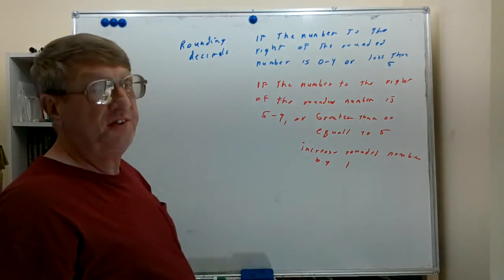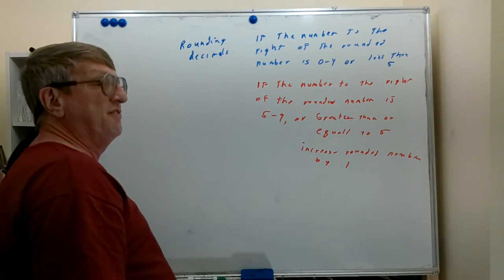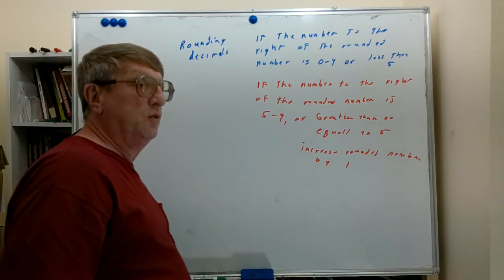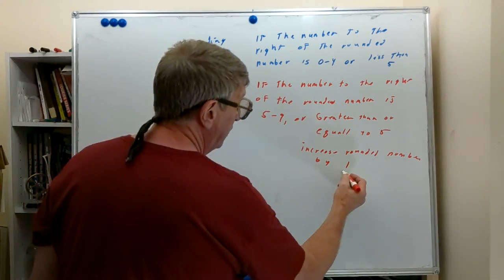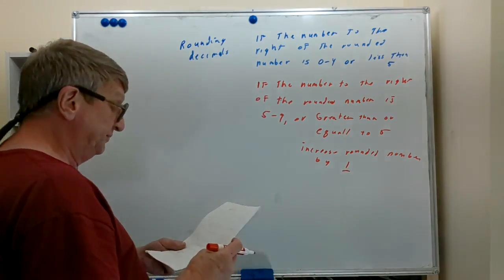Or you might have heard it said, if that number to the right of the number you're rounding is 5 or greater, we round up. Well, that's increased by 1. That's rounding up.